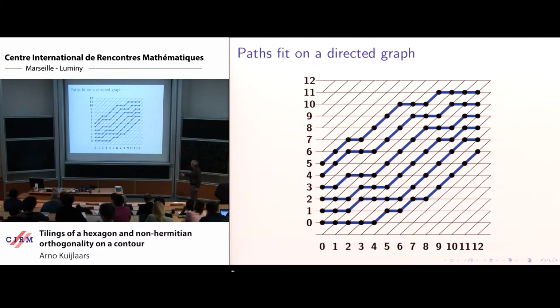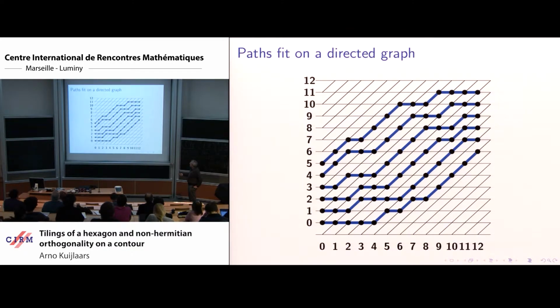So you should follow the direction, and again, you can put these paths on this graph with prescribed starting positions here, which are consecutive at some level 0, and they should end here at level 12. In this case, it will be 2 times n. Well, n is the size of your hexagon, right? And again, it's a one-to-one correspondence. You can put also particles on these paths and think about some interacting particle system here.